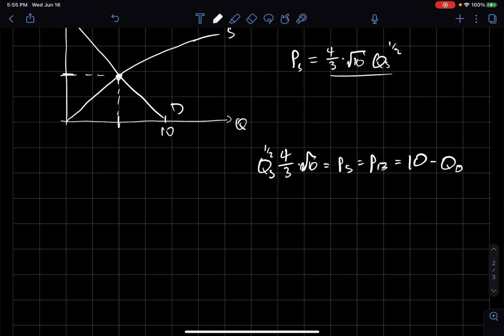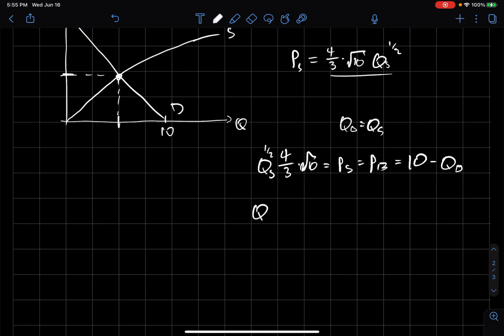So here, we should combine terms. Let's just bring all the Q's to the left-hand side. So we have Q. I'm going to drop the subscripts here because we're saying QD is equal to QS in equilibrium.